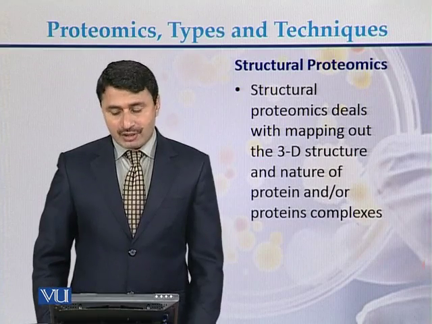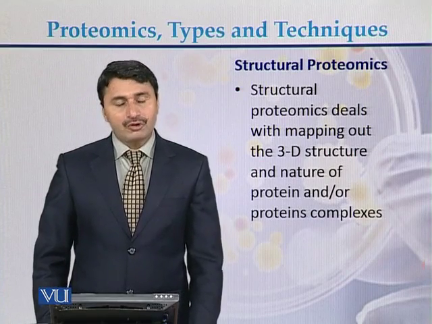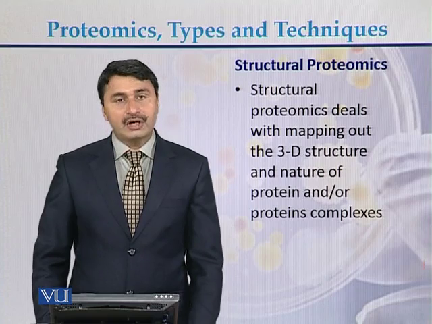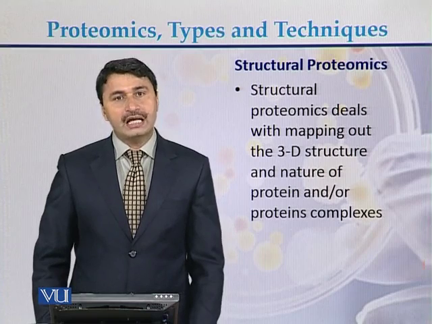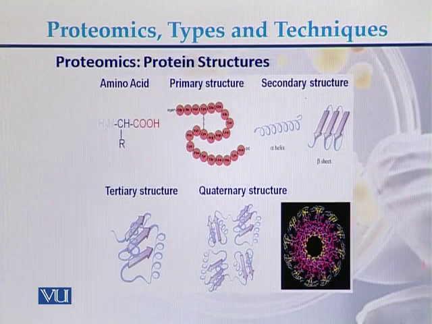What is structural proteomics? Structural proteomics deals with mapping out the 3D structures of the proteins within a cell. Proteins are made up of amino acids. Amino acids are linked with each other and form the primary structure.